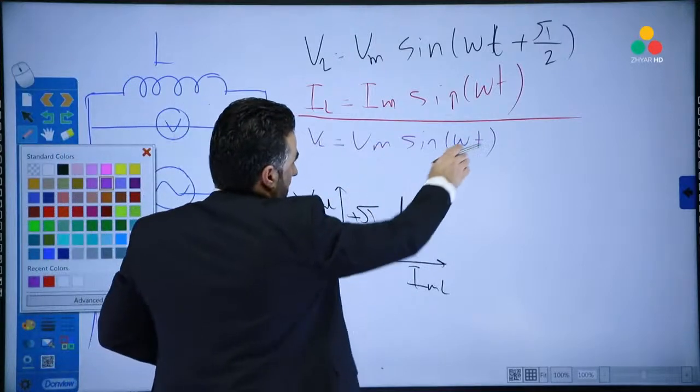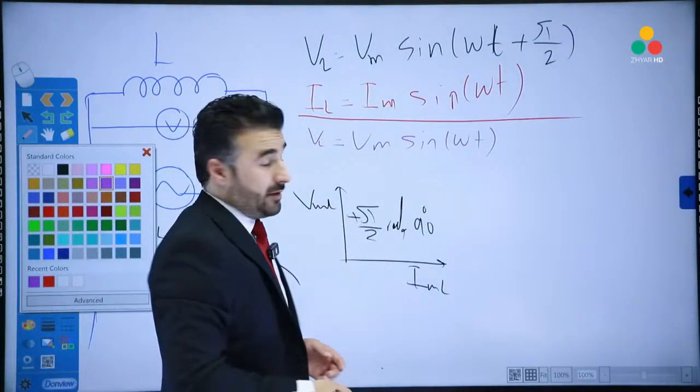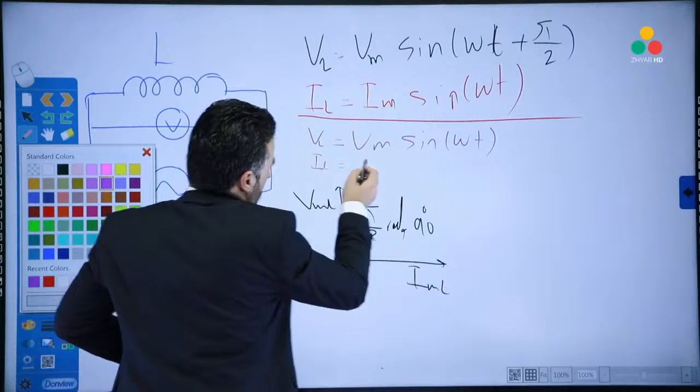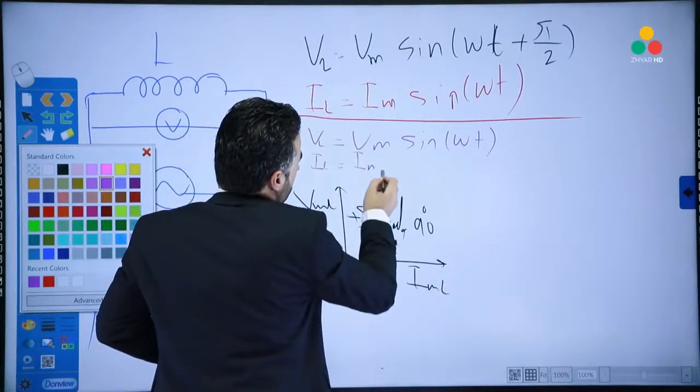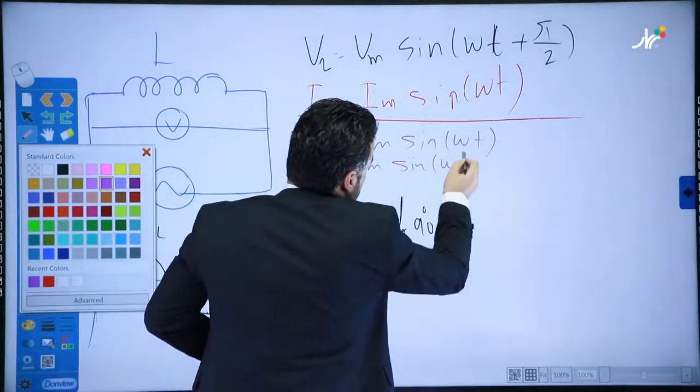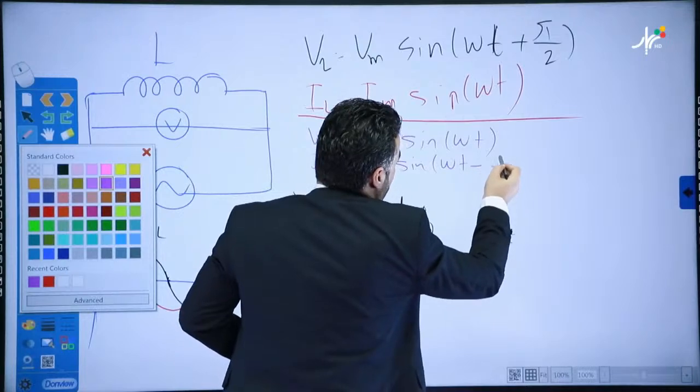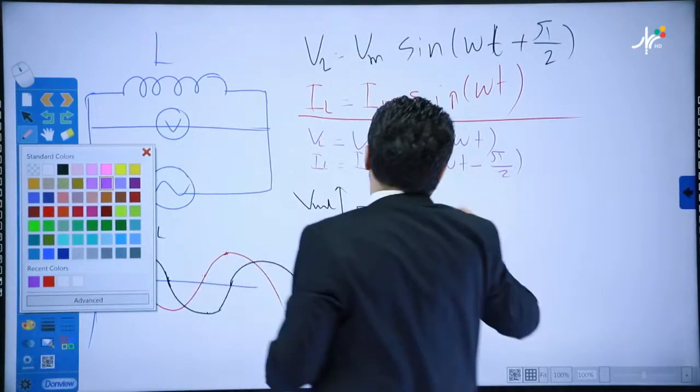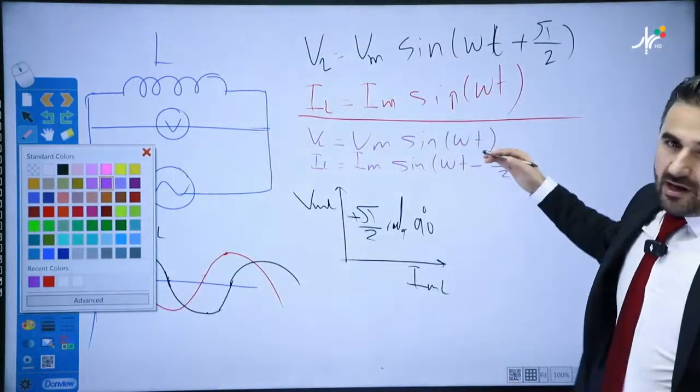If that is the case, then I'll have to take away pi over 2 from the current, because this time the current is going to lag by 90. So I'll say I max sine omega t, but this time minus pi over 2 radians. So you see the difference in what I wrote here?